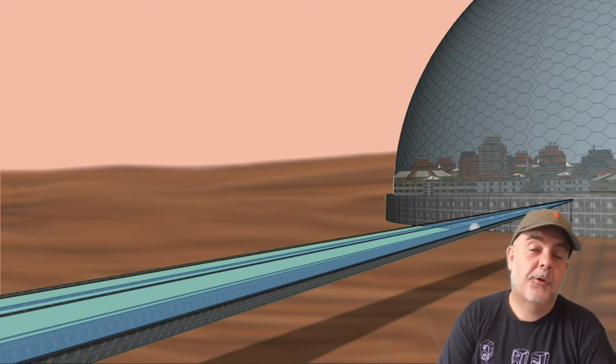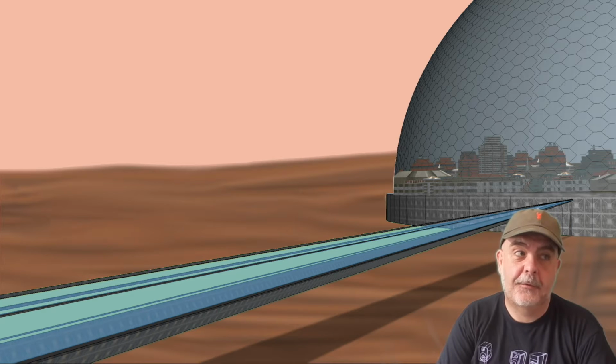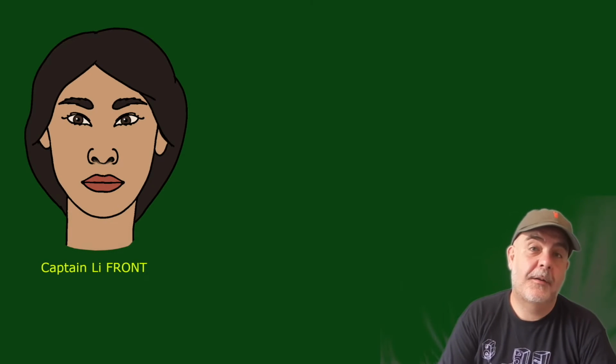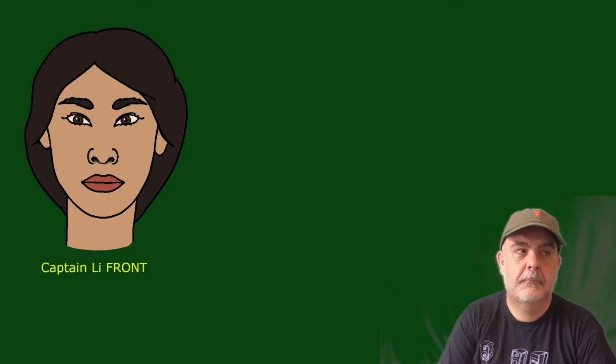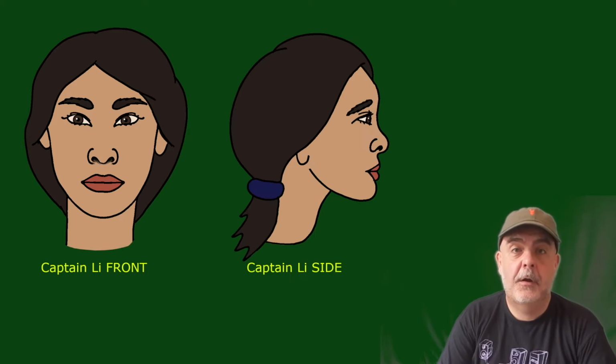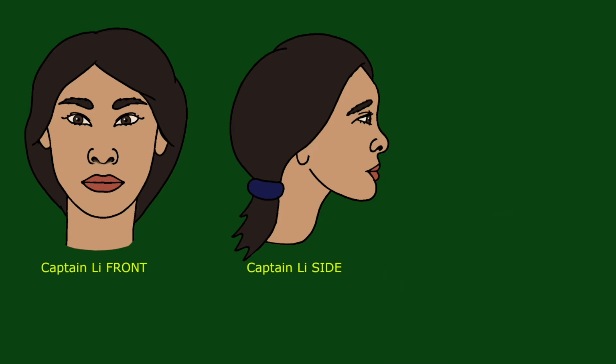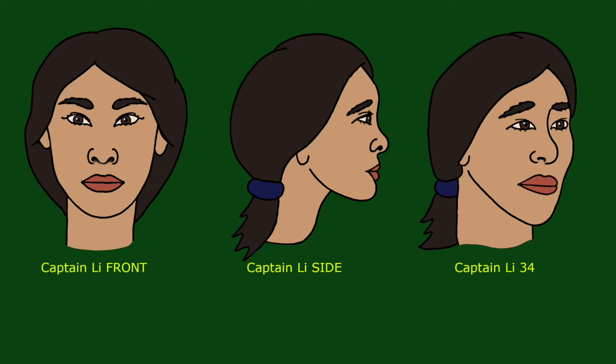For each of your characters, create a portfolio of faces. You'll need both a variety of angles and a variety of facial expressions. For example, facing forward, which we will call front, profile, which we'll call side, and a three-quarter profile, 34.